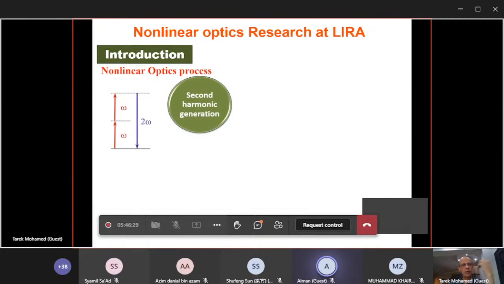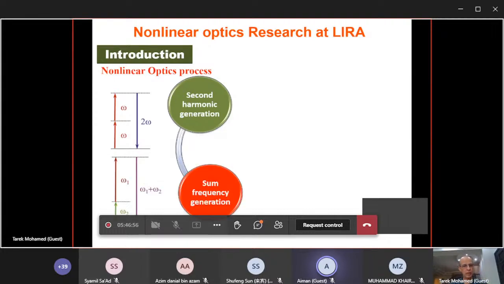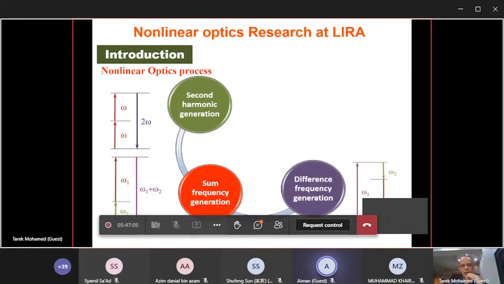There are some very common nonlinear optics processes. First is second harmonic generation, where two identical photons are absorbed and one new photon is emitted with double the frequency of the absorbed photons. In sum frequency generation, two different photons are absorbed by the material and a photon with the sum of the two is emitted. In difference frequency generation, the material absorbs one photon and emits two different photons.